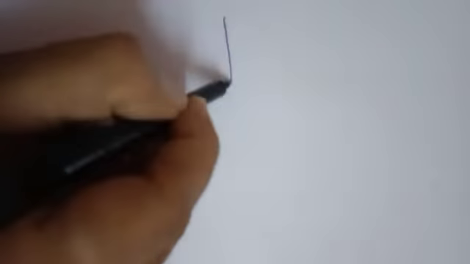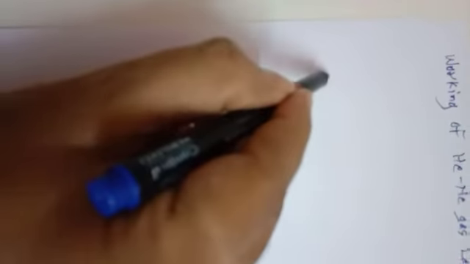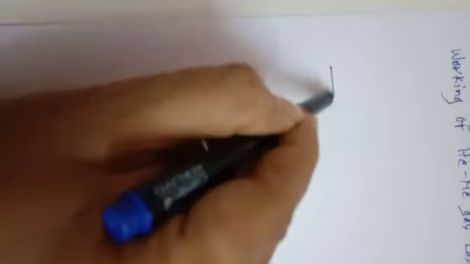So the energy level diagram of helium is different and neon is different. You should know how to draw this energy level diagram. Helium has 3 energy levels. This is the ground state energy level of helium, and these are the 2 metastable states of helium.